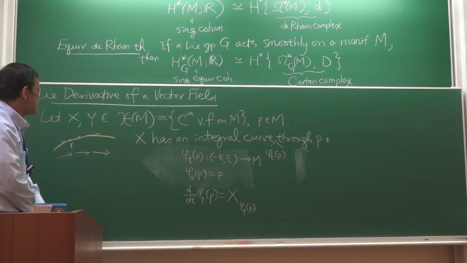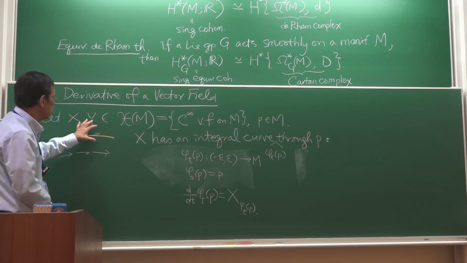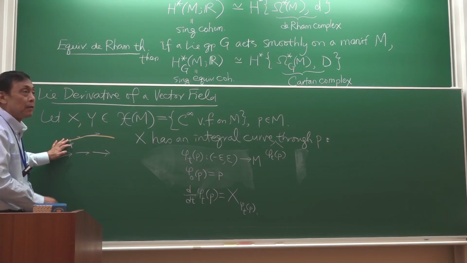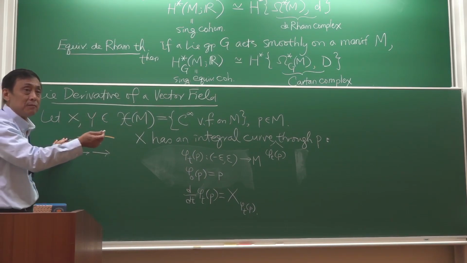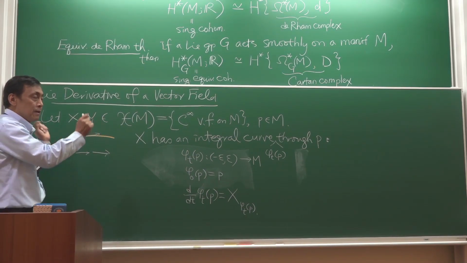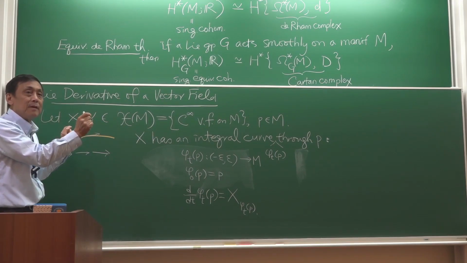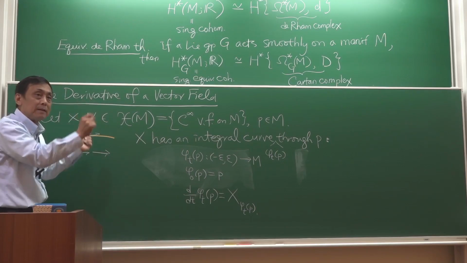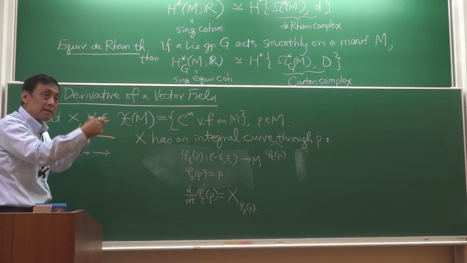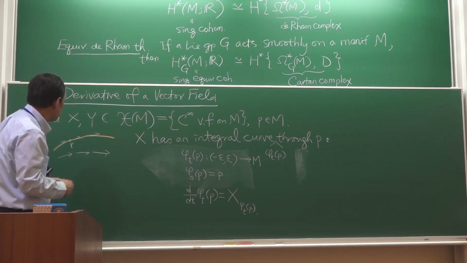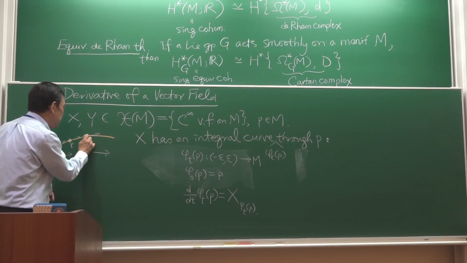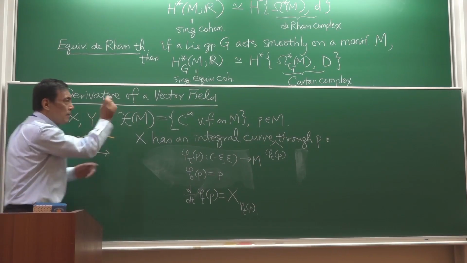Now, I want to calculate the derivative of Y with respect to X. So to calculate the derivative, you need to take the difference at two different times, subtract them, divide by t, and take the limit as t goes to 0. Okay, so at time 0, I'm here. At time t, I'm here.